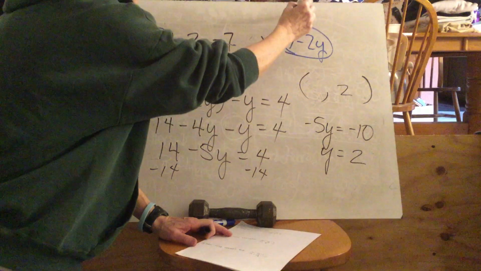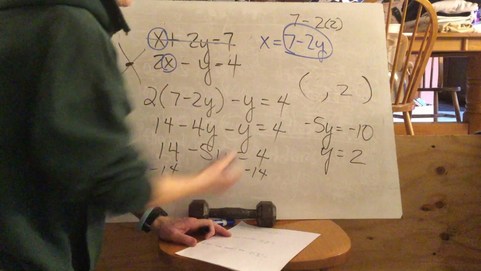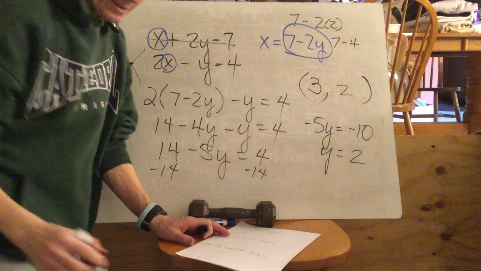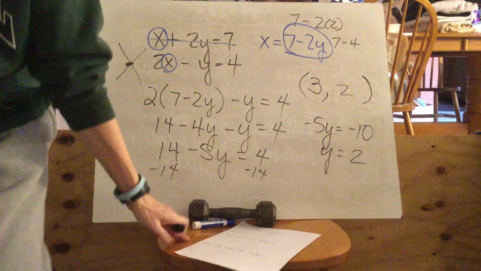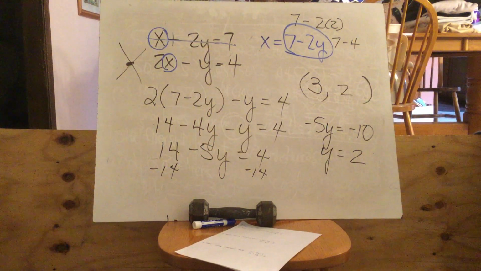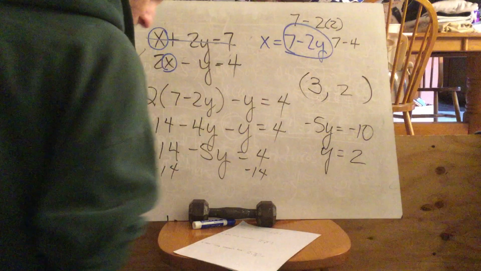So if I plug in 2, I have 7 minus 2 times 2, which is 7 minus 4. So my x coordinate is 3. So if my x coordinate is 3, then I'm done. My answer is 3, 2.